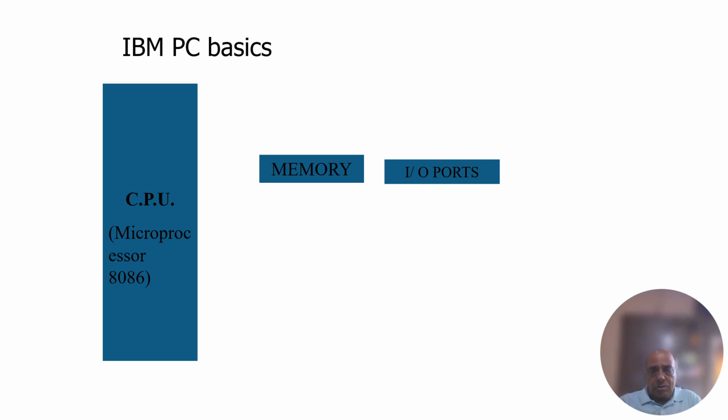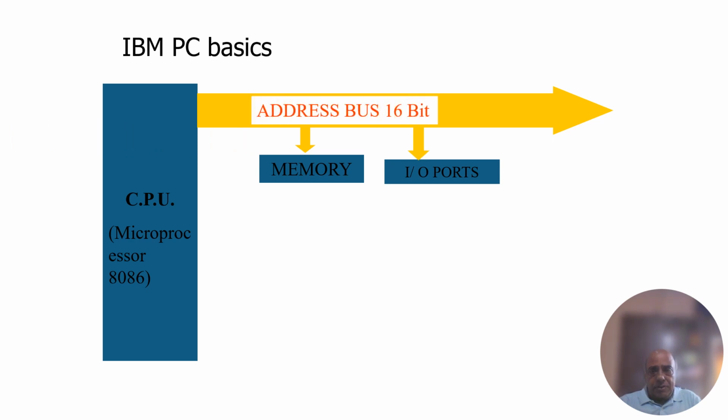Input-output ports are also semiconductor chips. There is a bus called address bus, which is 16-bit. A bus is a bunch of 16 thin wires connecting CPU address pins to memory address pins and input-output ports address pins.